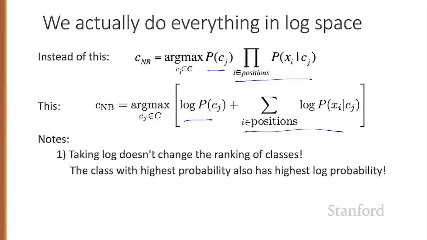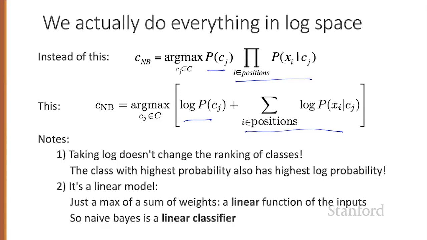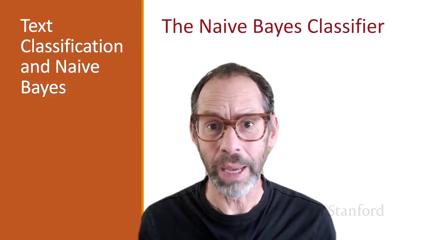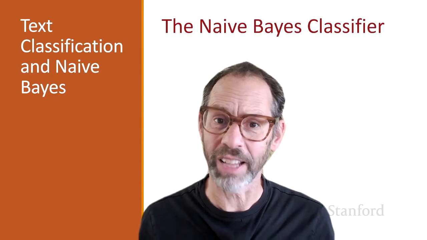The class with the highest probability also will have the highest log probability. And doing everything as sums of logs means that we're creating a linear model. We're taking a max of a sum of weights, so it's a linear function of the input. And that makes it clear that naive Bayes is a linear classifier. Linear classifiers are an important family of simple classifiers. We've now seen the basic principles of naive Bayes text classification.